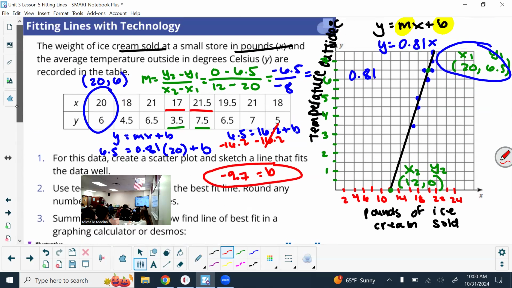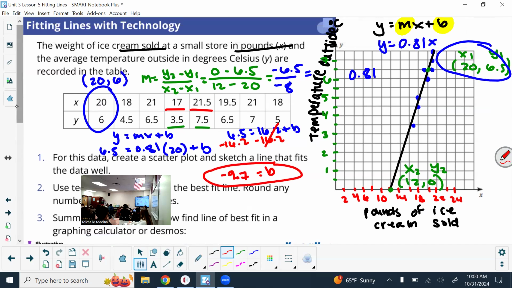And in first hour, we used different coordinates. We got that our slope was about 0.78 and that our y-intercept was -9. Notice that our values are close and we don't expect them to be exactly the same. In fact, if they're exactly the same as the person next to you and you take your test, I'm going to be a little suspicious that you just copied them.